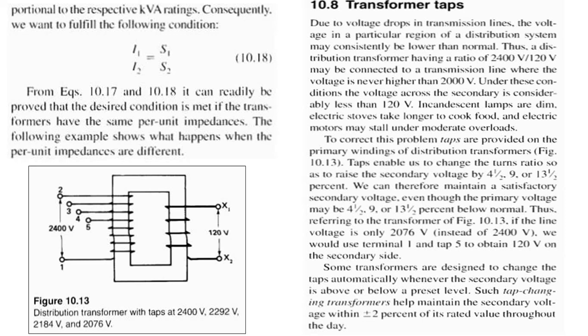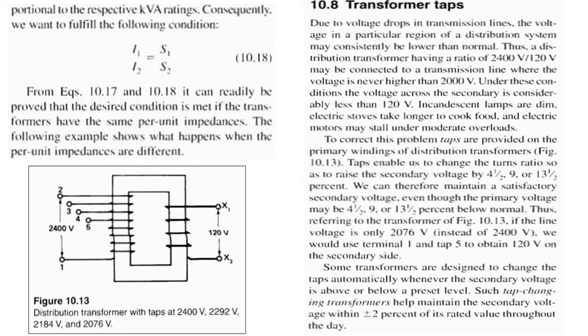To correct the problem, taps are provided on the primary winding of the distribution transformer, which enable a change in the transformation ratio so as to raise the secondary voltage by 4.2 or 13.2 percent. We can thereby maintain a satisfactory secondary voltage though the primary voltage is 4.2, 9 or 13.2 percent below normal.